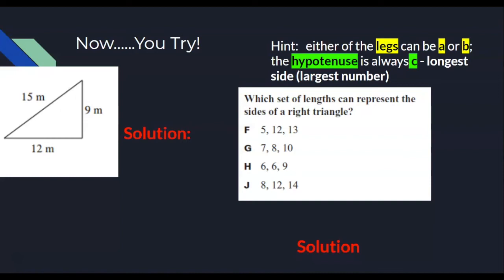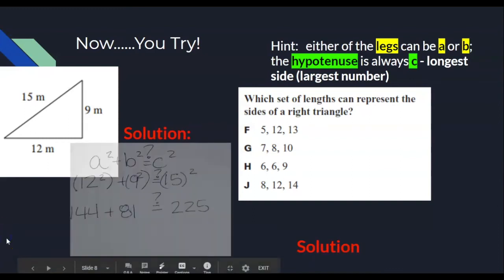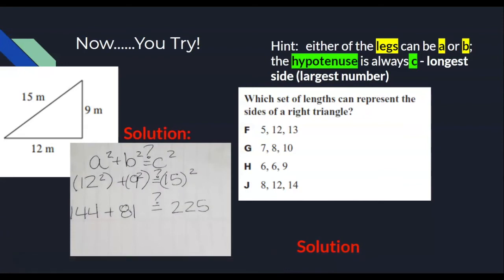Let's look at the solution for the first problem. 9, 12, and 15. Again, in this solution, we have plugged in the numbers to the Pythagorean theorem. We're testing it to see if these three numbers work in the Pythagorean theorem, meaning, will they have two equal sides?